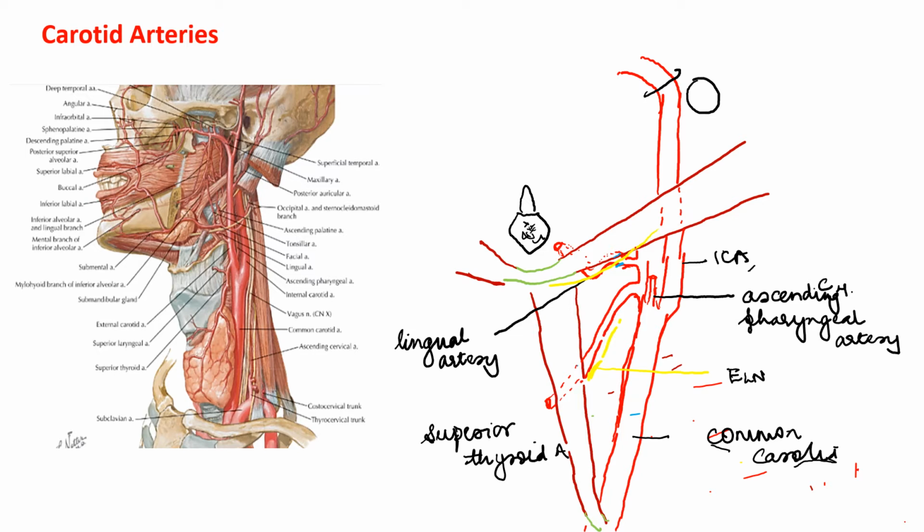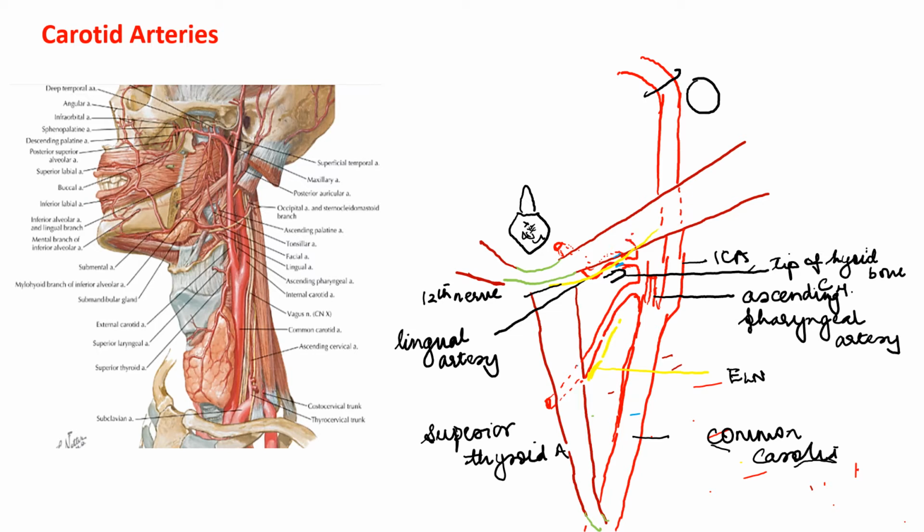And this lingual artery arises in front of the tip of the greater cornu of the hyoid bone. So with the lingual artery, this is the 12th nerve and its accompanying vena comitans, and this is the tip of the greater horn of the hyoid bone, which you need to be able to identify.